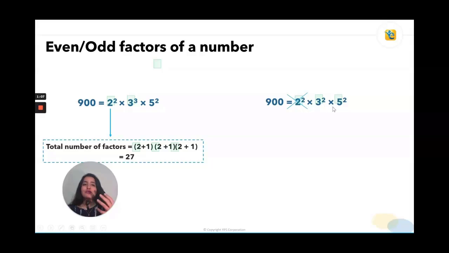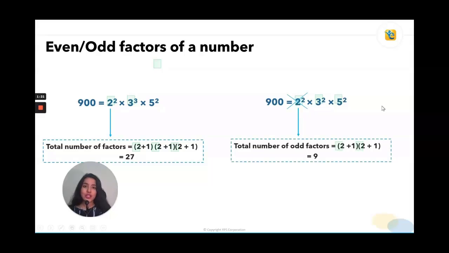So you could have 2 3's, 2 5's, or just one of them to get all the factors. So just think about this new number that you have, 3 squared times 5 squared, and think about how many factors this is going to have. So you again apply the formula, but just on these 2 this time. So the total number of odd factors will be this 2 plus 1 and this 2 plus 1.